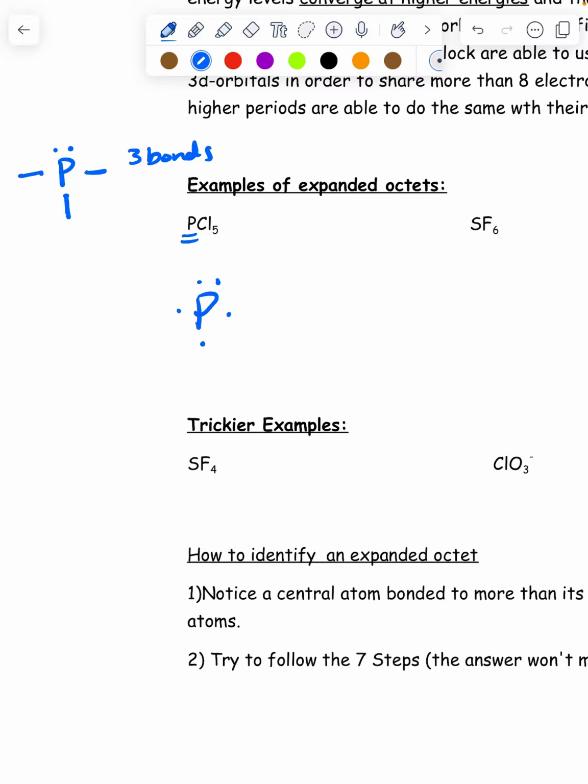Well, if each chlorine makes 1 bond, I'm just going to assume that every one of these valence electrons of phosphorus is going to get shared to a chlorine atom. For the sake of time, I'm just going to represent lone pairs, non-bonding pairs with these lines. Usually I think dots are a bit better, but we can often get away with just those lines too to represent pairs.